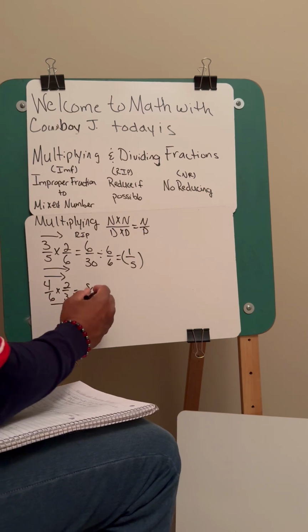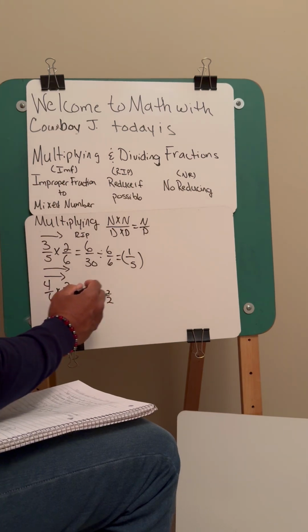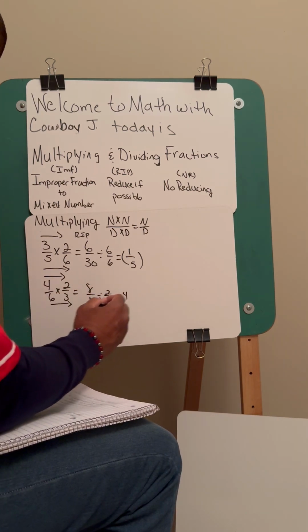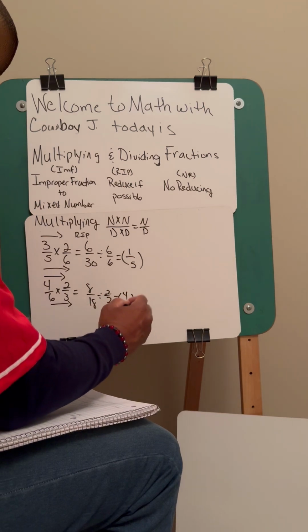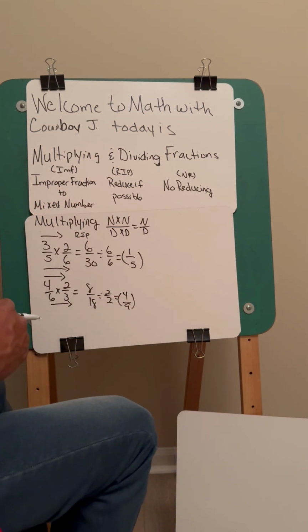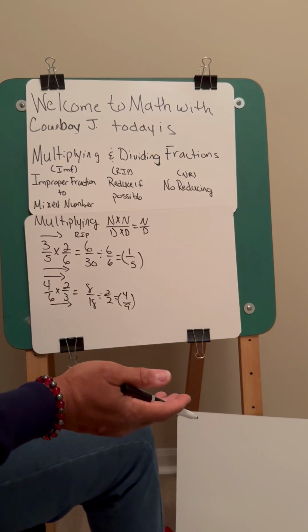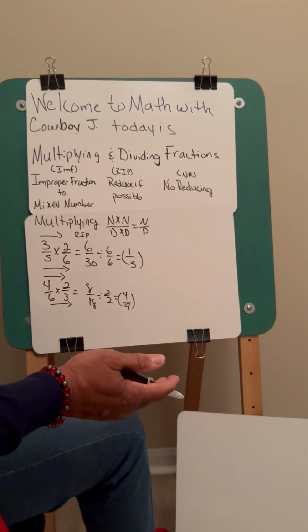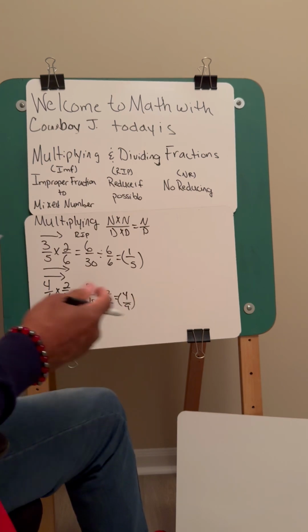Both of them are even, so they at least share 2. 8 divided by 2 is 4. 18 divided by 2 is 9. So my answer here is 4/9. And that's basically how easy it is to multiply fractions.